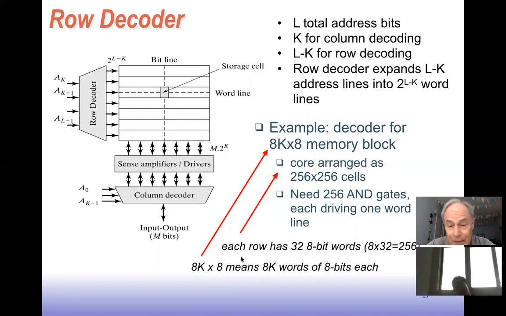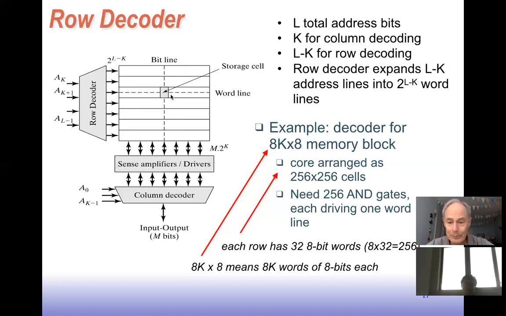That would mean that each row, if it were 256 bits, would have 32 of these 8-bit words. So you can imagine words 0, 1, 2, 3, 4, 5, 6, 7 are in the first row, and then 8, 9, 10, 11, 12, etc. are in the next row. So they're all lined up in there one way or the other.